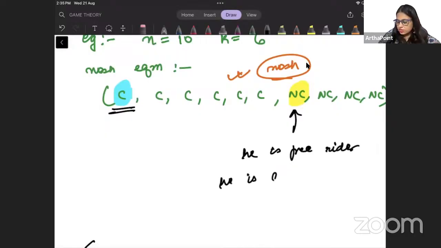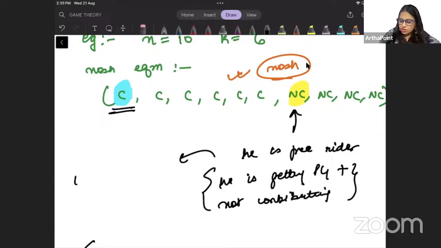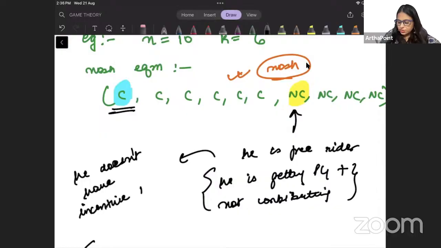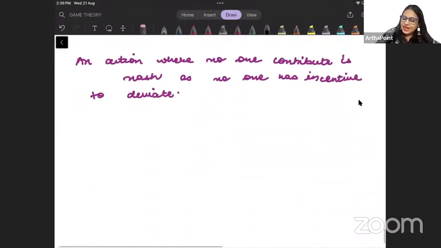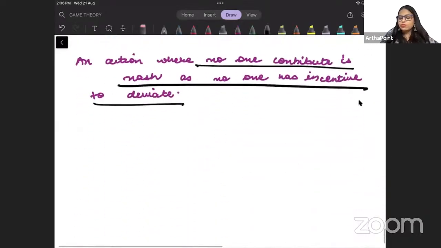He is getting public good plus not contributing, right? This is his best thing. So he doesn't have incentive to deviate. He will also not deviate. कोई reason ही नहीं है why he will deviate, right? He has no incentive to deviate, right?